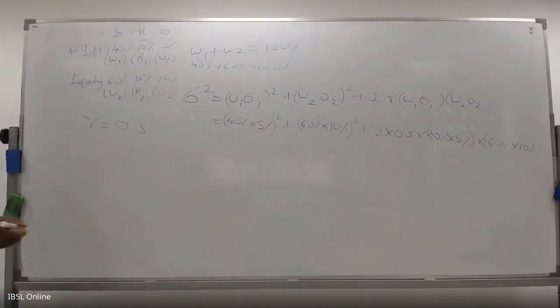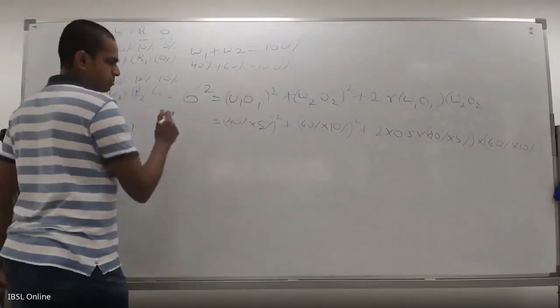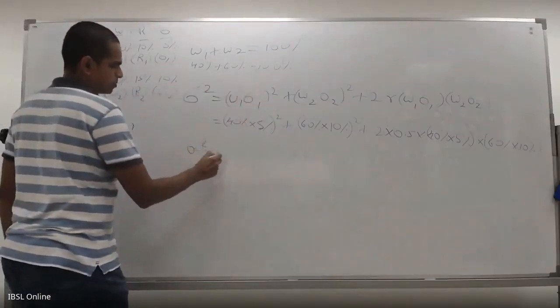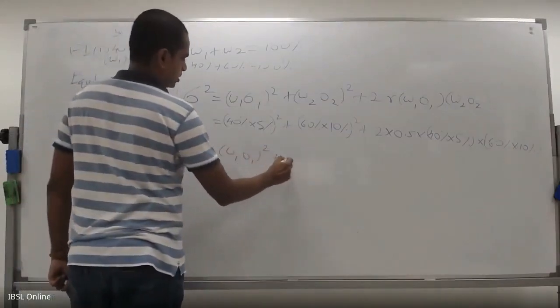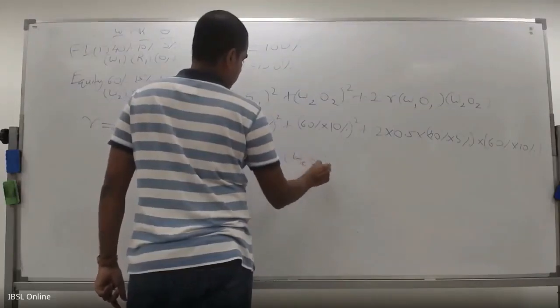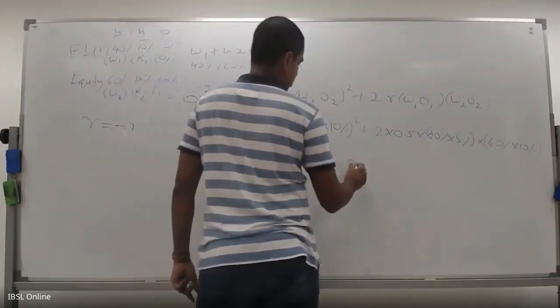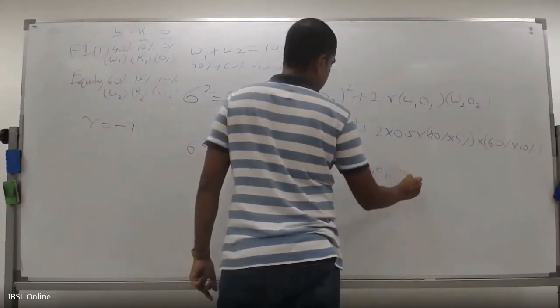Now, what happens if the correlation is perfect negative? What happens to this equation if correlation is perfect negative? Then sigma squared is W1 sigma 1 squared plus W2 sigma 2 squared minus 2 W1 sigma 1 W2 sigma 2.